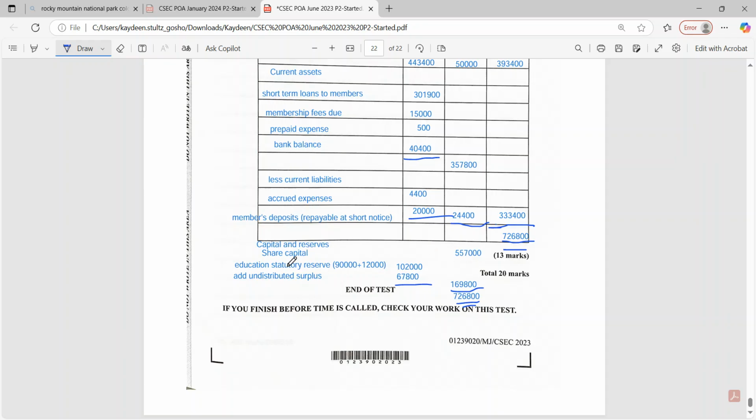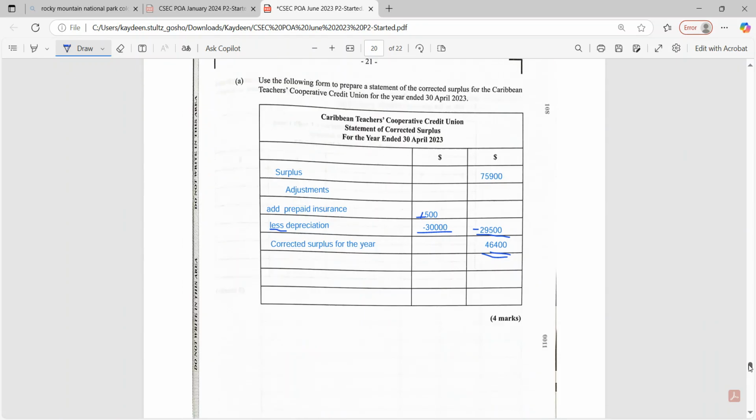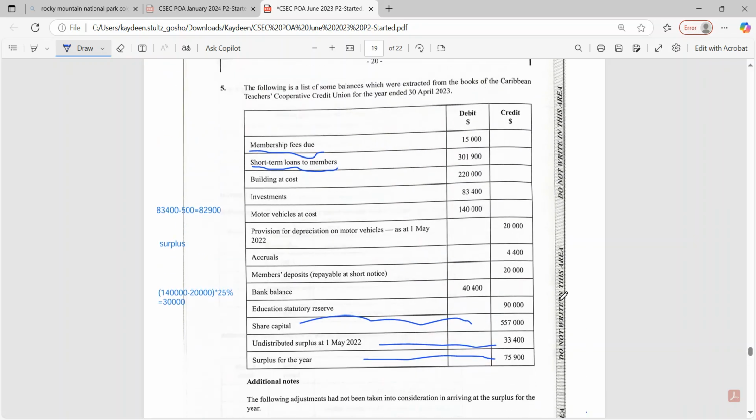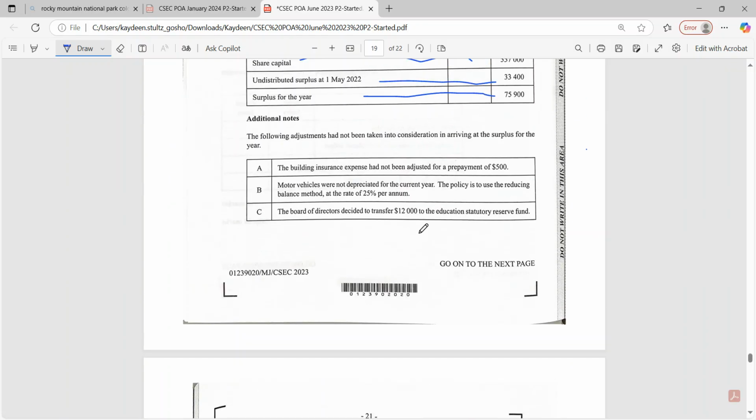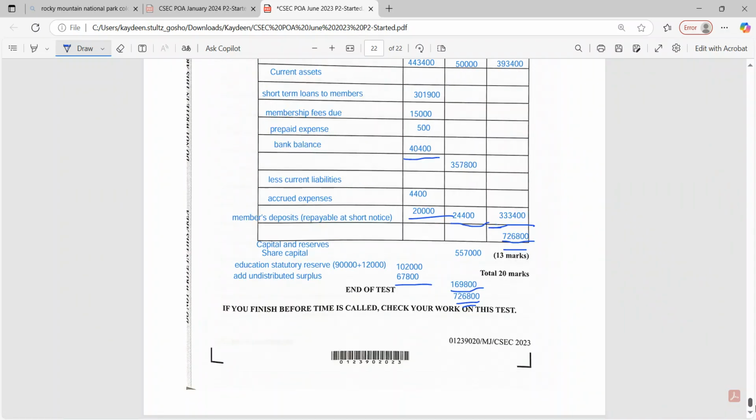I'm going to look for education statutory reserve to see if any was there for last year. So we have an education statutory reserve of 90,000, and this year we put towards it, in the notes, 12,000. So 90,000 plus 12,000 will give us a total of 102,000.